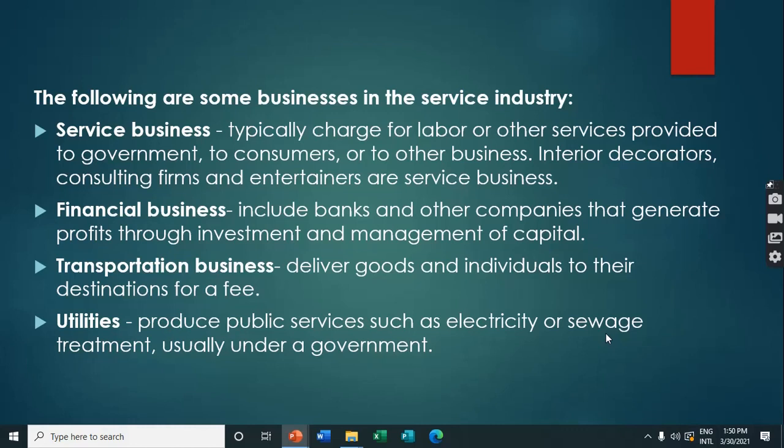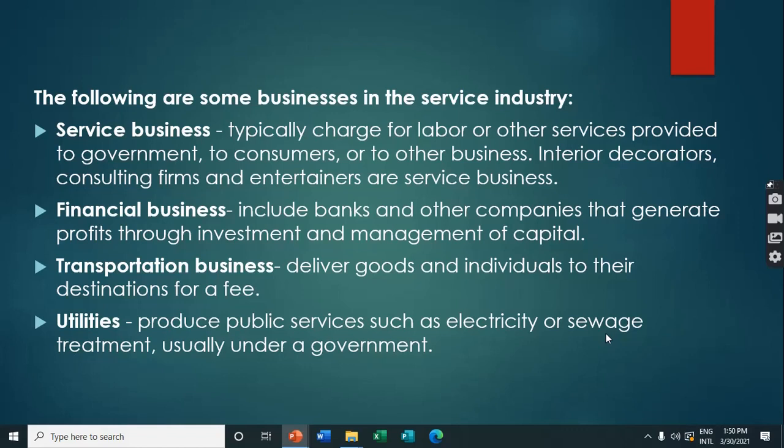ABS-CBN, Kapamilya Channel, and GMA are businesses that provide services, rendering services to their customers. Next is the financial services.